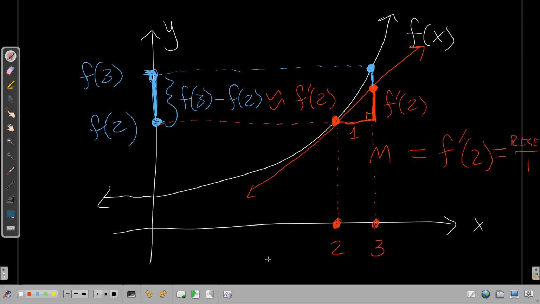Now, there was nothing special here about 2 and 3. If that was 2, then 3 would just be 2 plus 1. But there's nothing special about 2. I could go through here and change all the 2's to just n. And it's the exact same picture.